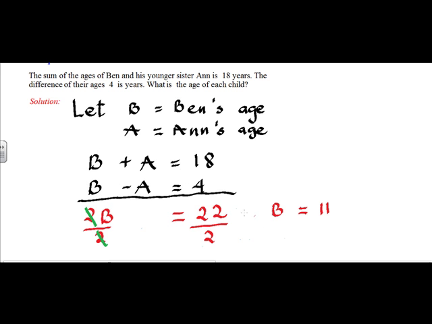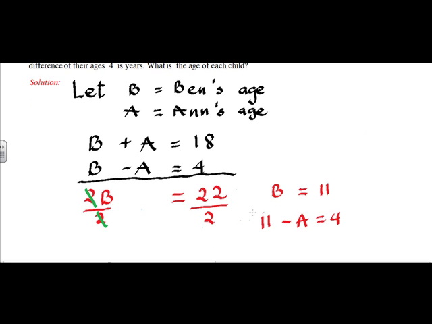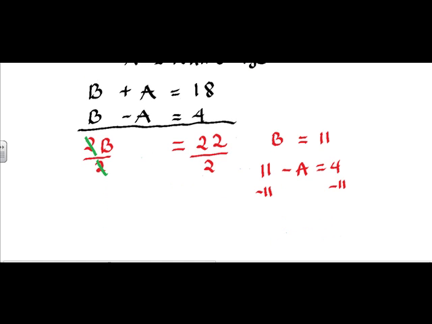If B is 11, then this equation becomes 11 minus A equals 4. Subtract 11 from both sides, so minus A equals minus 11.